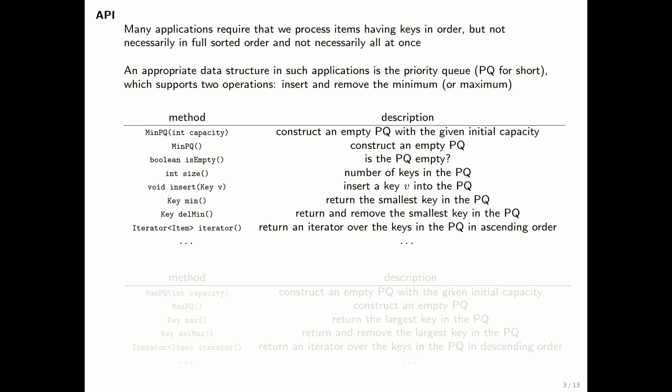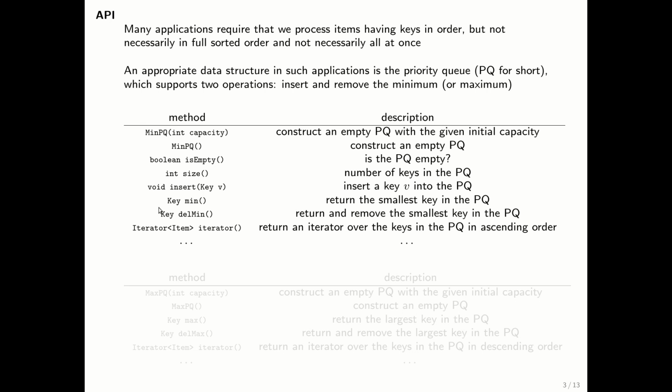Depending on whether you're talking about removing the minimum or the maximum, we have two different APIs for the priority queue data structure, one called min-pq and the other called max-pq.